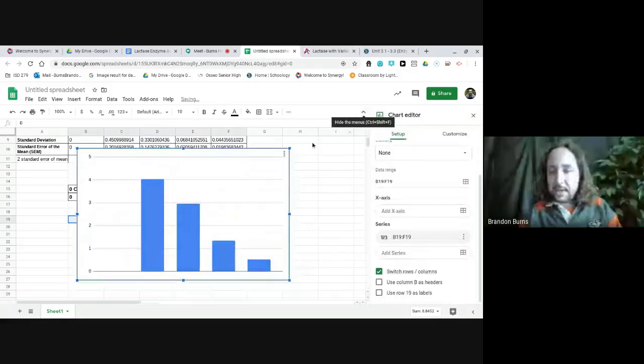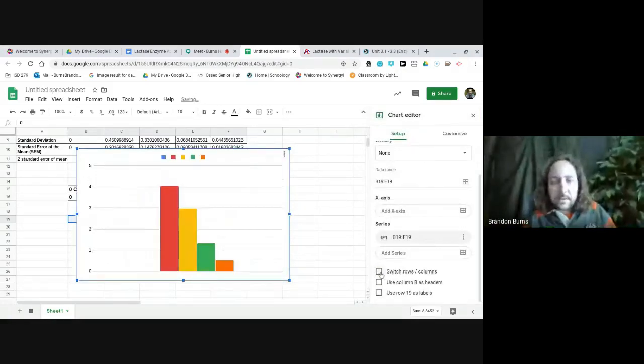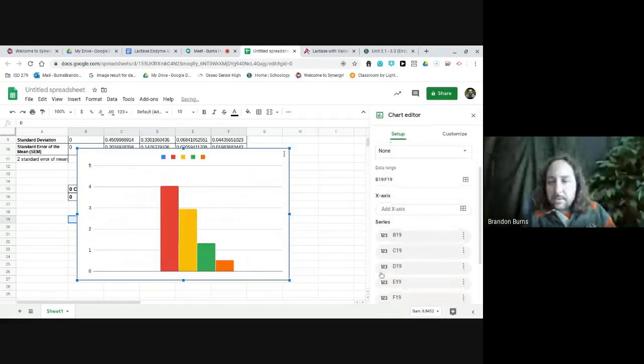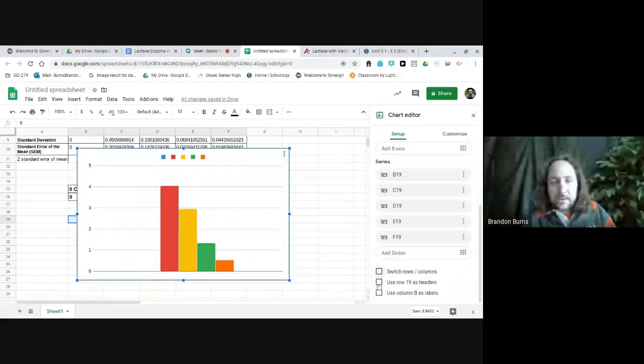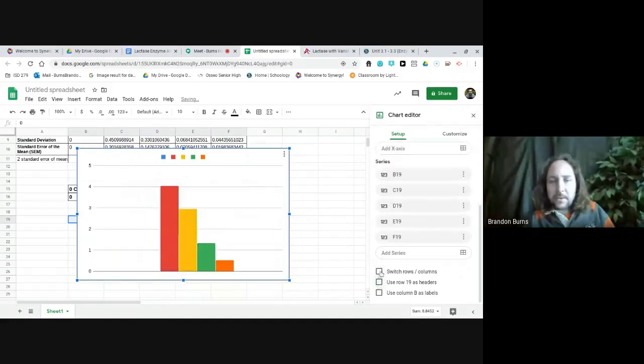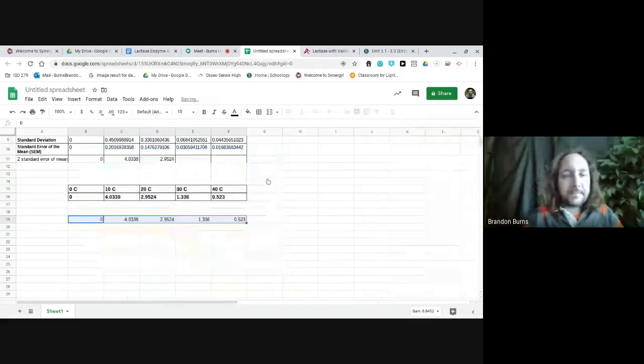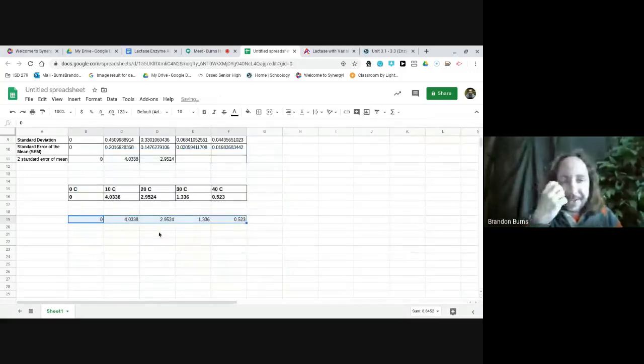Yeah, you're right. Okay, so no. Use row 19. No, that's not what I want. Switch rows and columns. Why is it not doing that? All right, what am I doing wrong here, Grace? This worked earlier. I don't know why it's not working now.